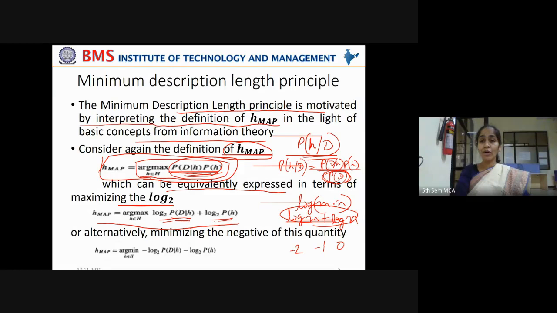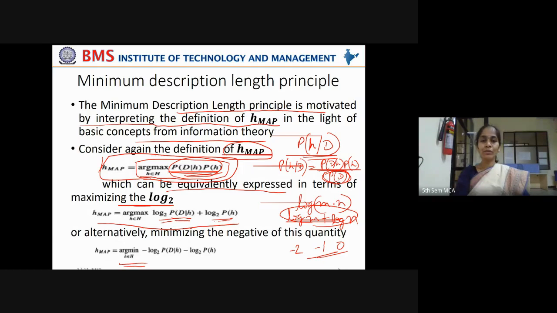When I talk about it the other way, I'm actually maximizing this value, right? I'm trying to increase the value from -2 to 0. In the same way, when you are maximizing a positive quantity, it is nothing but minimizing its negative quantity, right? That is what we have done here.